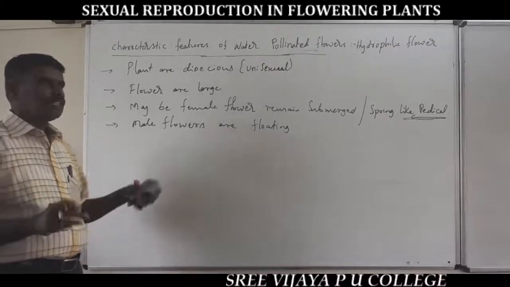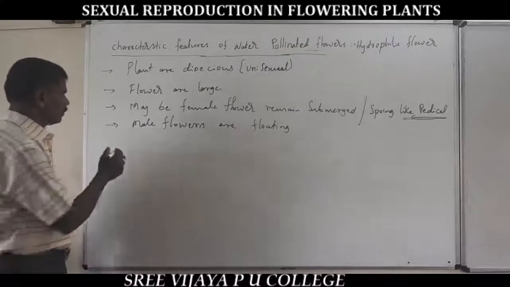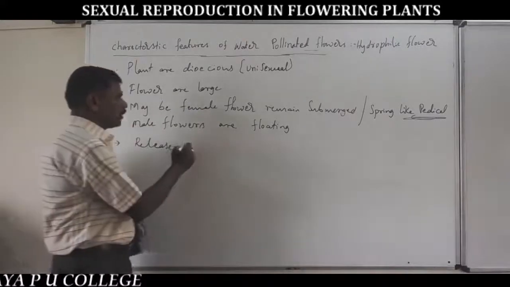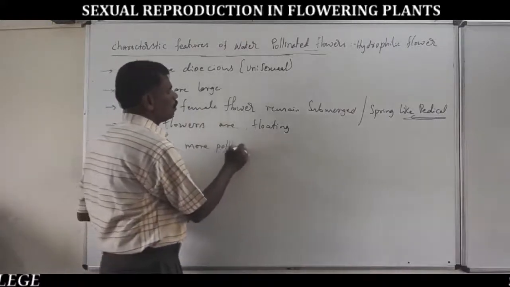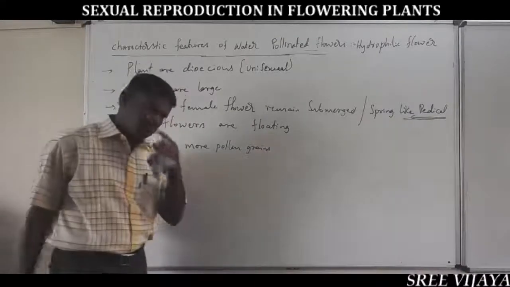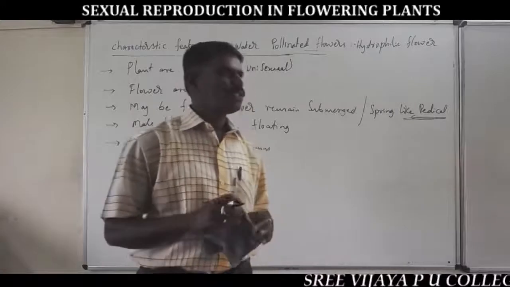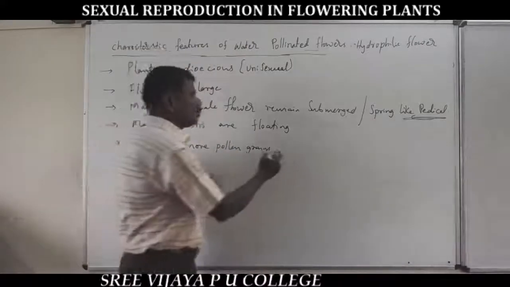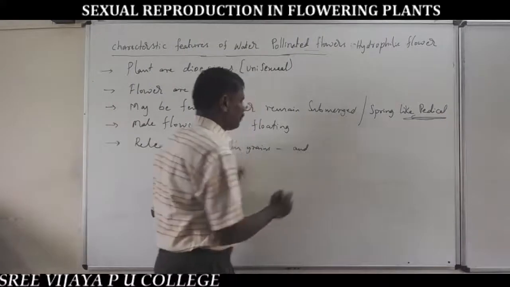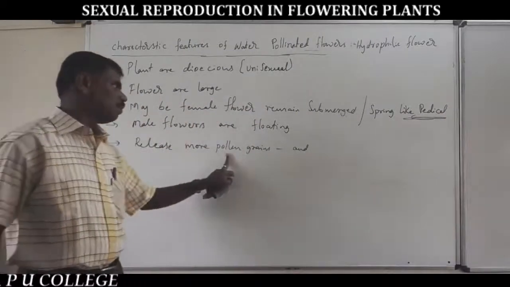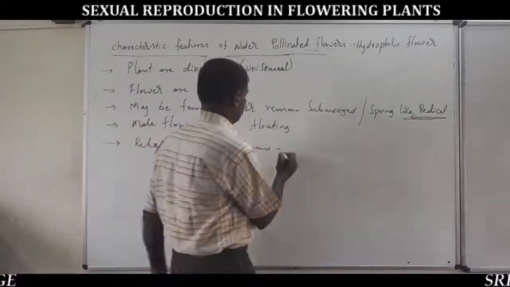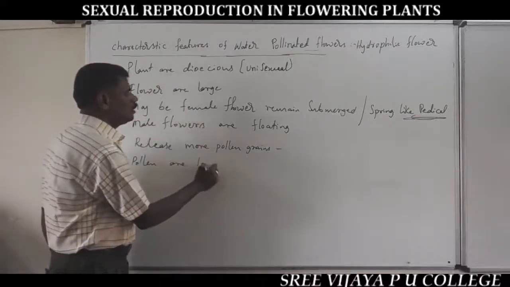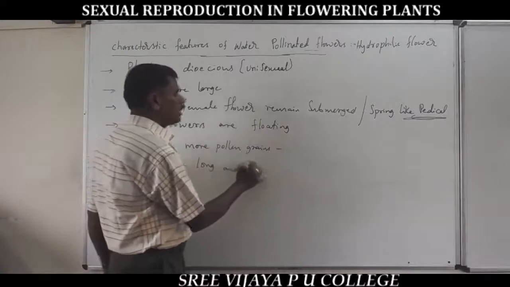These male flowers release more pollen rays, so that the number of male gametes is double or a little bit more than the female gametes. The pollen rays are long and ribbon-like.